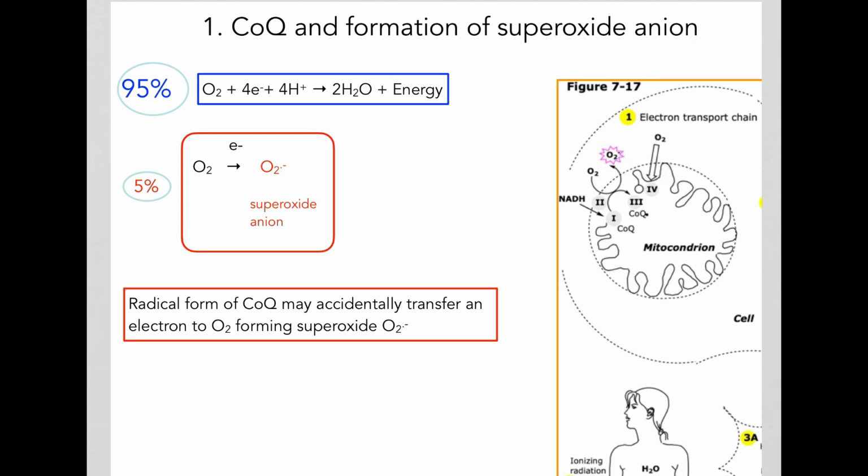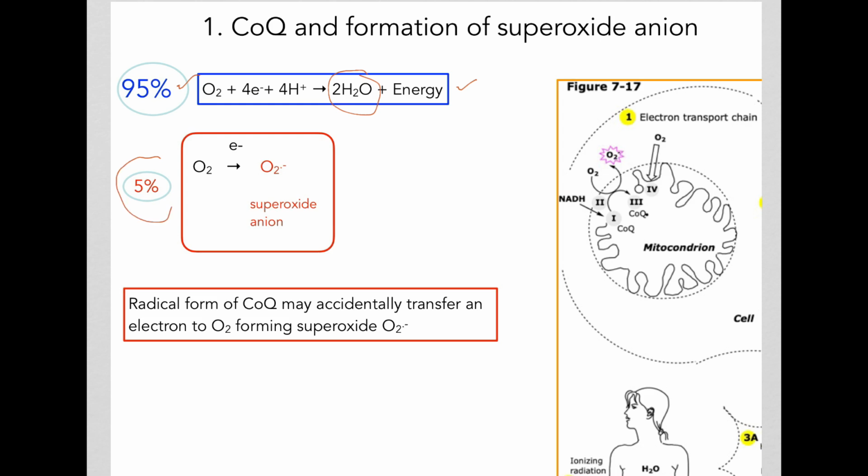It is estimated that about 95% of all the oxygen that comes to the mitochondria will go through this process efficiently, generating water. However, this process of electron transport chain oxidative phosphorylation is not perfect.